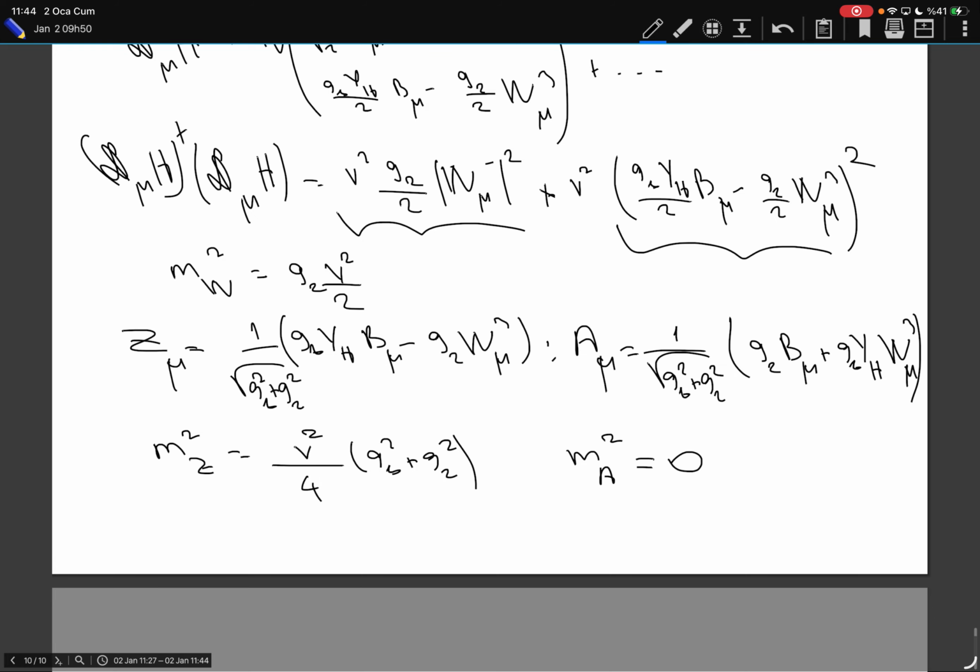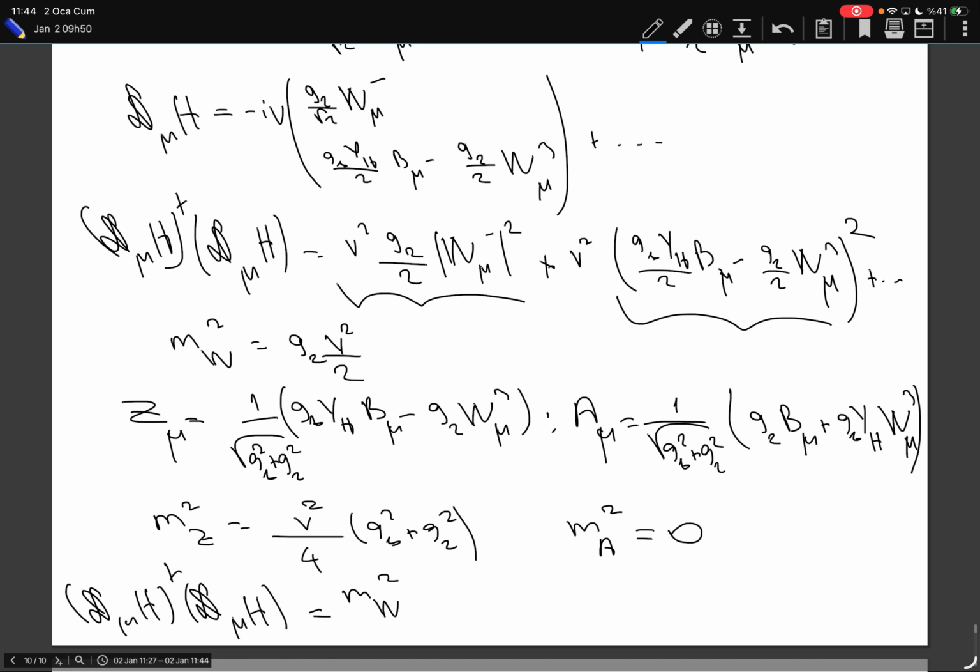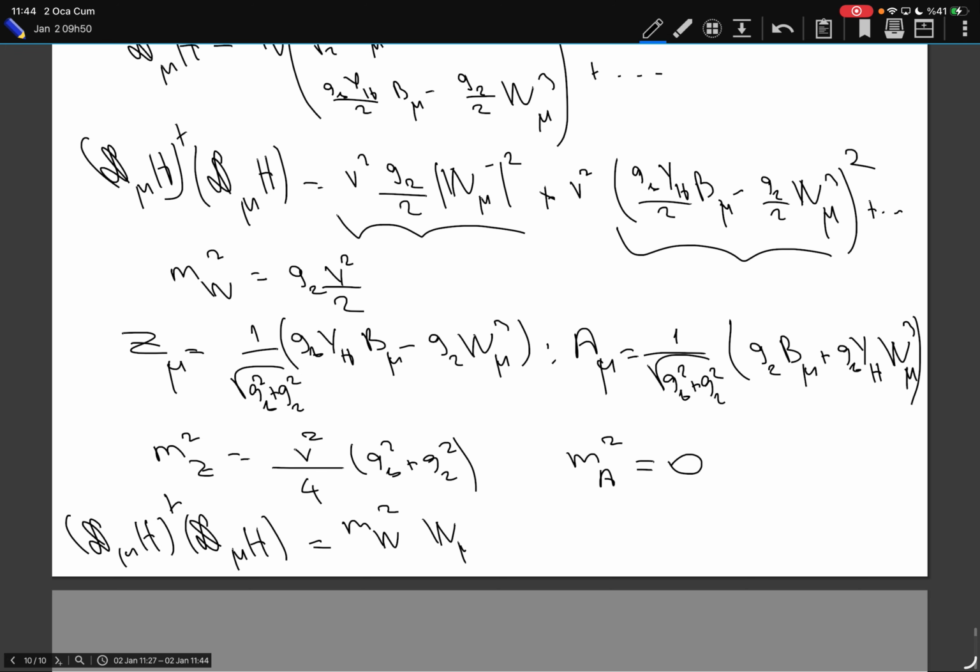So from this kinetic energy of the Higgs, if I expand it near the ground state of the Higgs, I get omega mu plus omega mu minus, and I get plus mz squared over 2 z mu z mu, and plus 0 over 2 a mu squared.